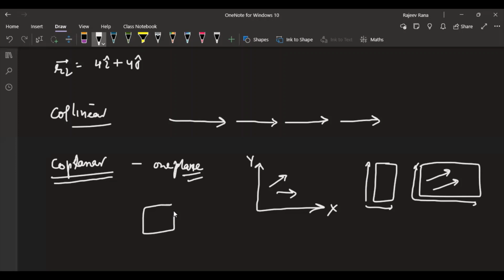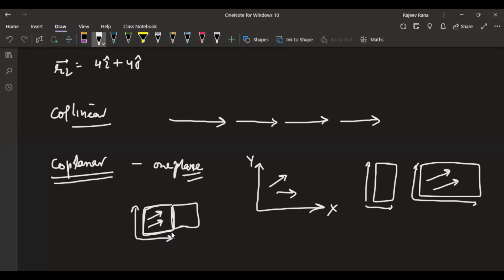Suppose you have a notebook and you draw two vectors on one page. Since one sheet of the notebook is a plane with two directions, x and y, the two vectors drawn on a page of a notebook are coplanar.